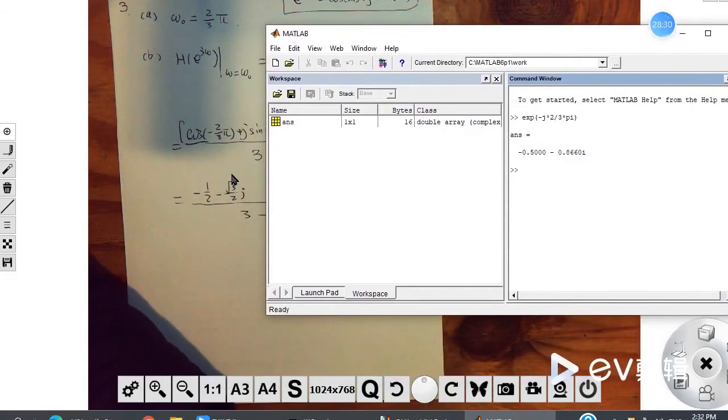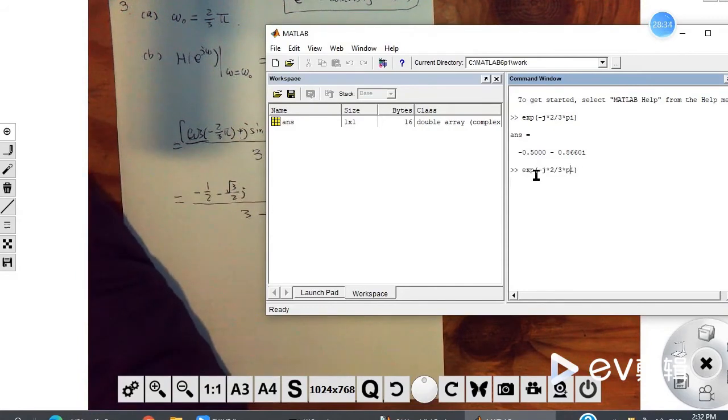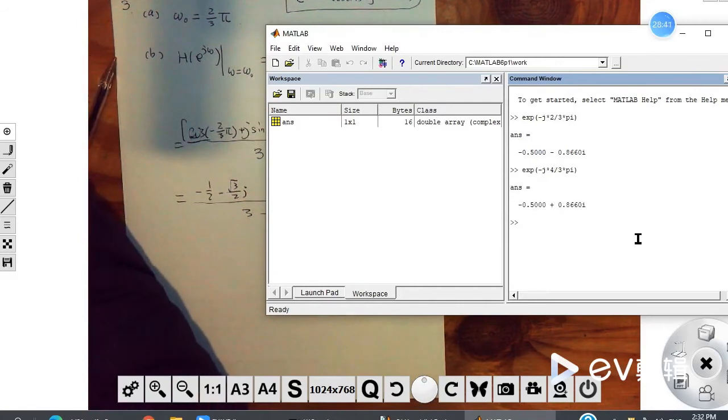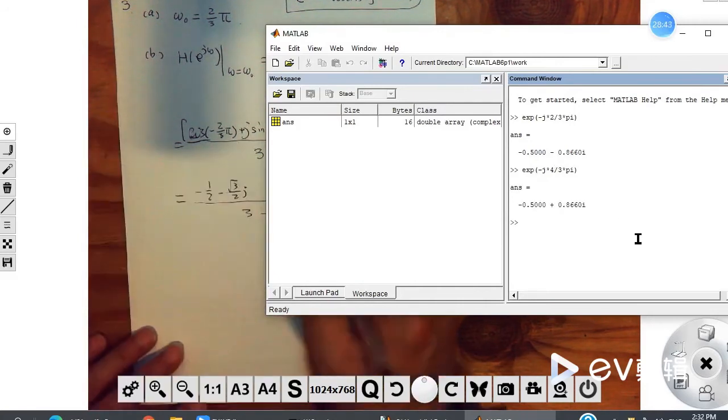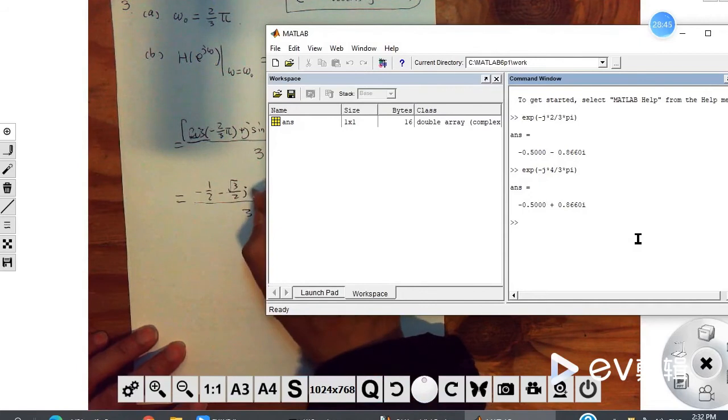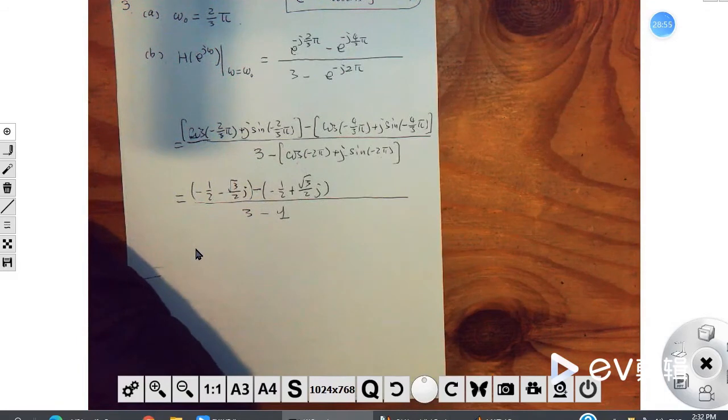And another one is cosine of, here's a 4, 4 over 3 pi, right? It is another negative half plus square root of 3 over 2j. Yeah, did this one.